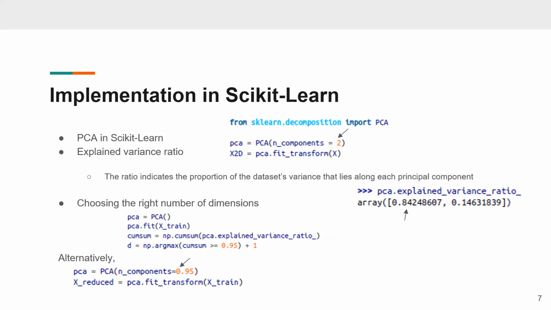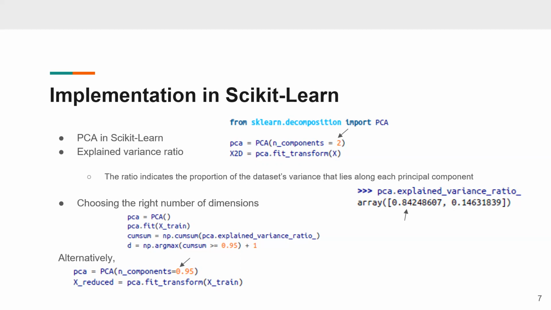Not all the variance is explained, 100%, by the first two components. That makes sense because originally the data is in three-dimensional space, and now you project onto two-dimensional space. You actually lost less than 2% of the variability of the data.